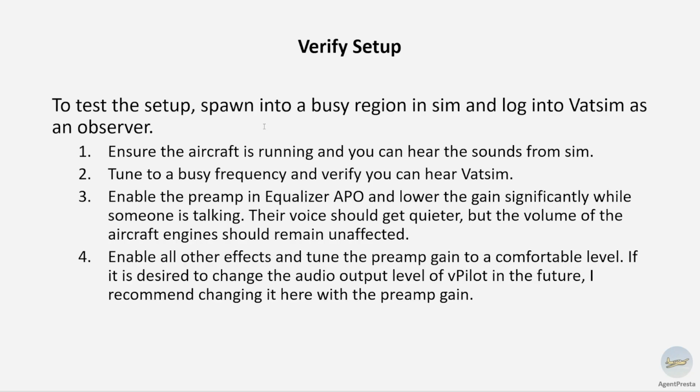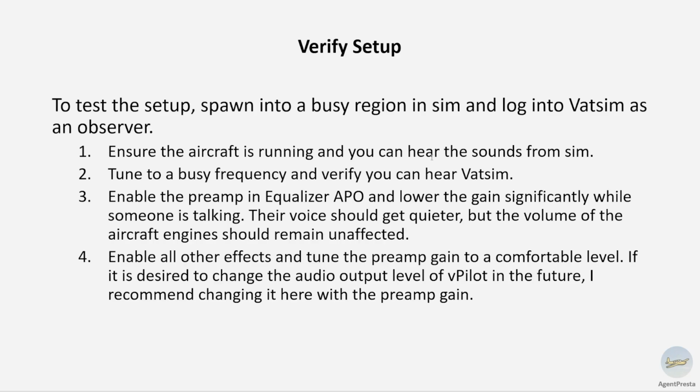You could tune into an ATIS or something like that that's constantly giving a readout, but I'd recommend a live frequency where people are talking with different levels of their mic set and stuff like that. Ensure the aircraft's running so that you can hear the sounds from the sim.